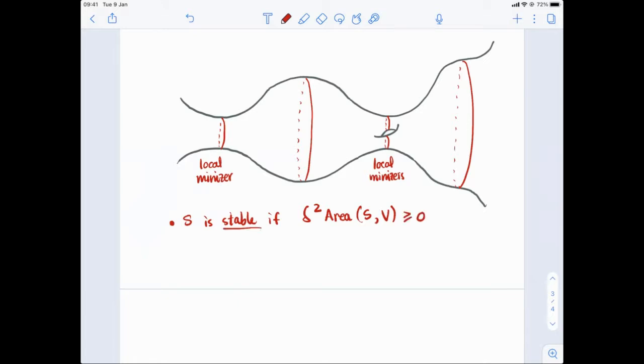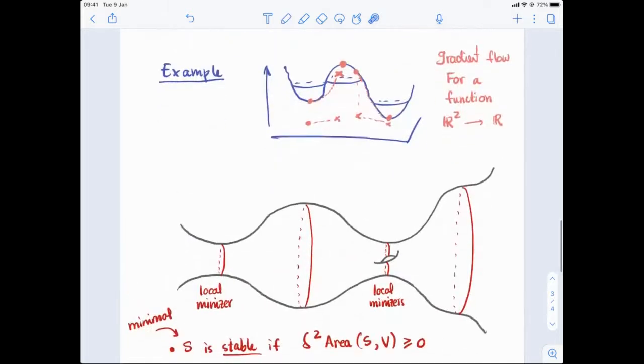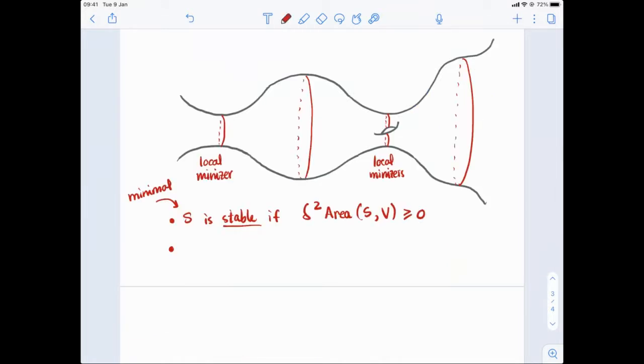Here, by the way, I'm assuming that S is minimal, so it's already a critical point. I'm just classifying the critical points by the index of the second derivative, if you like. So this is equivalent to looking at the Hessian of the function here and saying, okay, a local minimizer has a Hessian that has all the eigenvalues greater than or equal to 0 because it's a local minimizer. Other critical points are different. And then we say that S is unstable otherwise.